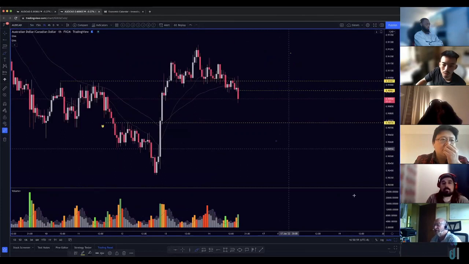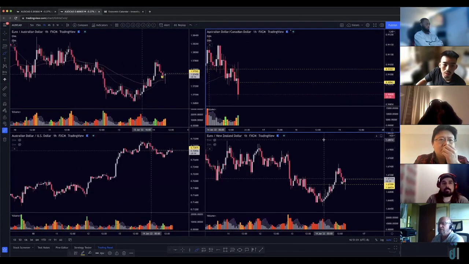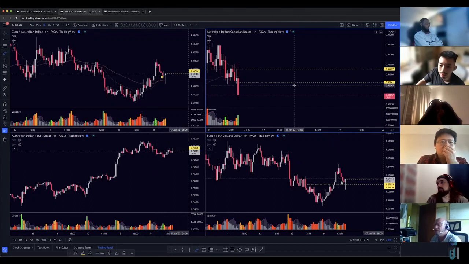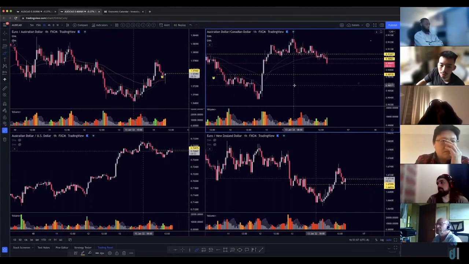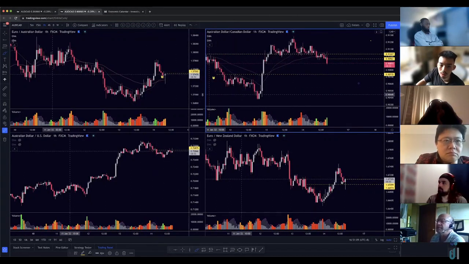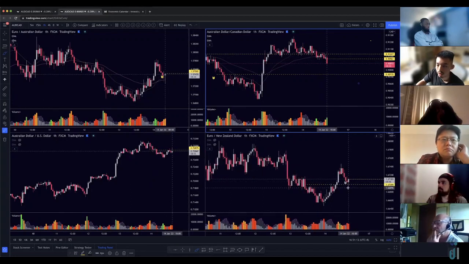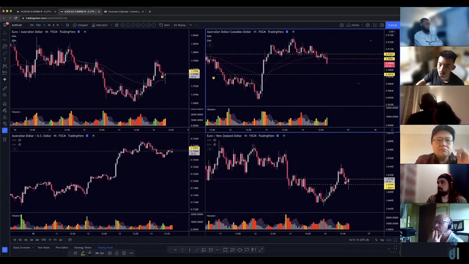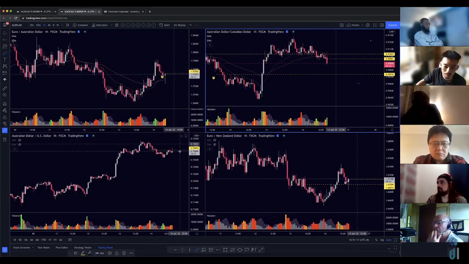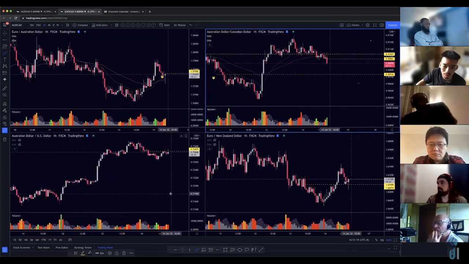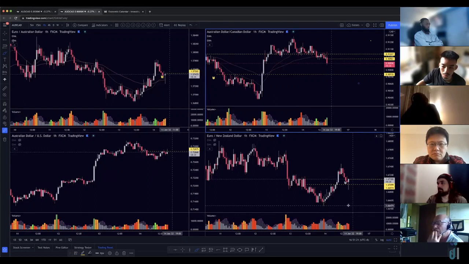Let's see, what do we have here? Okay, at this stage, candlestick pattern looks good, right? Just a tad, maybe this is just the conservative part of me speaking. Volume on some pairs doesn't really look super good.